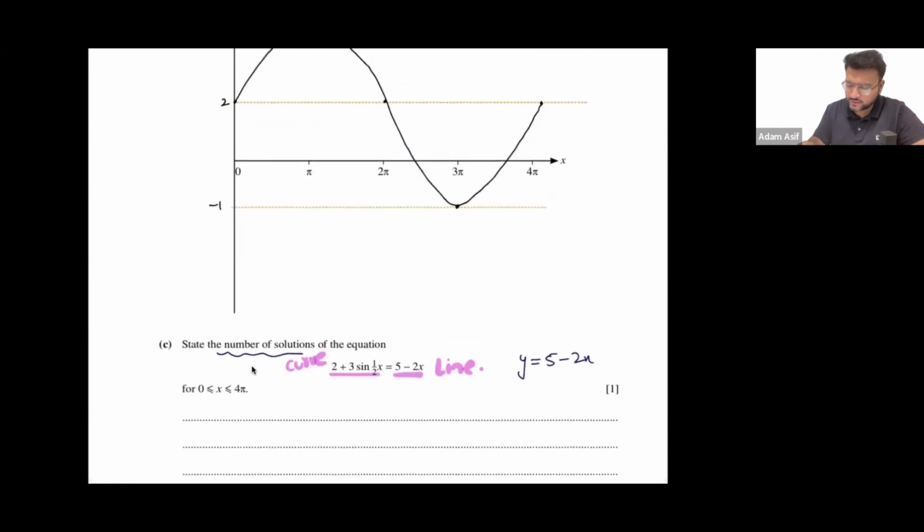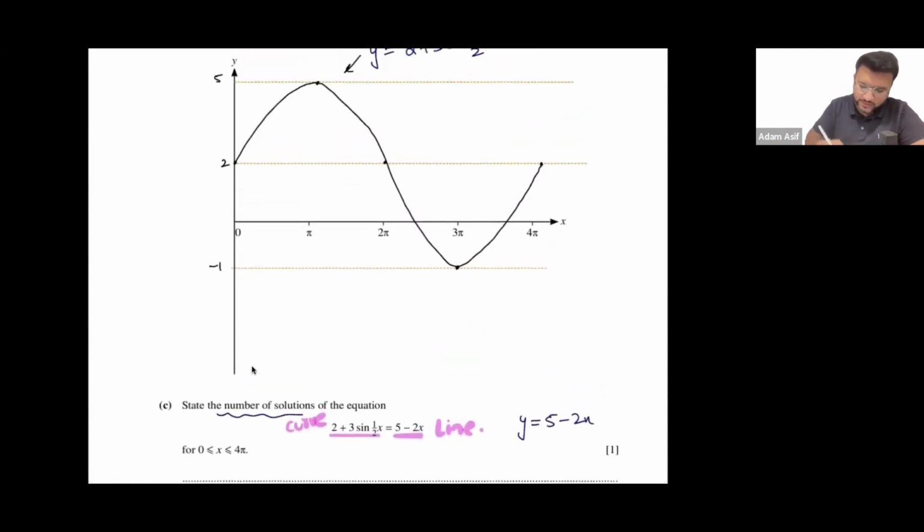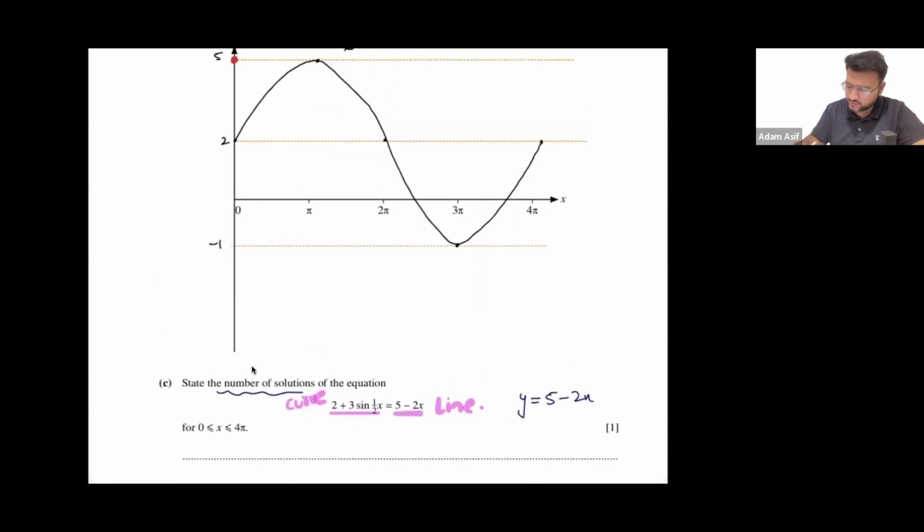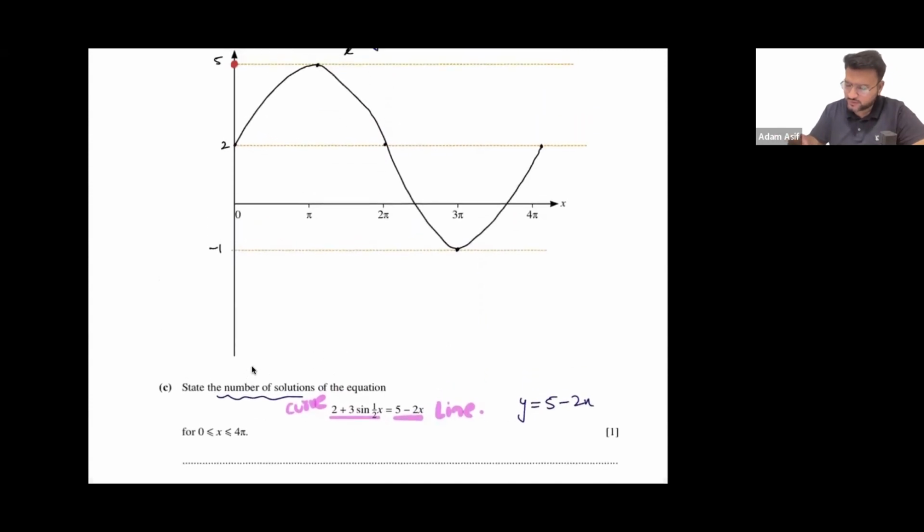So when x is 0, y is 5. Let's take another value. Let's take 2 pi. When x is 2 pi, we get negative 7 point something.